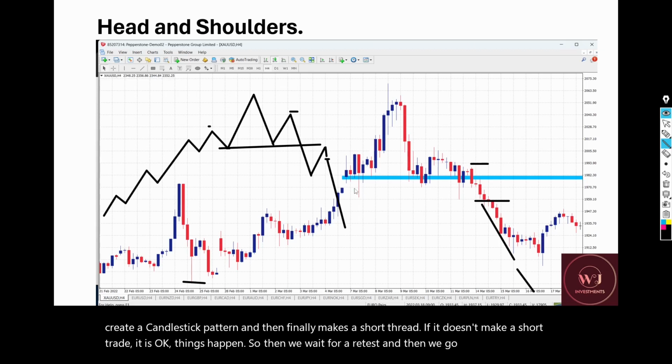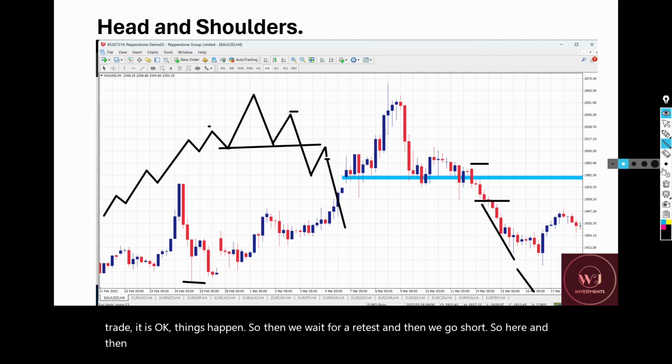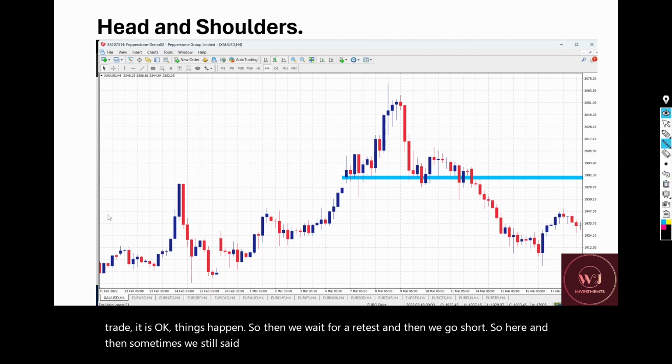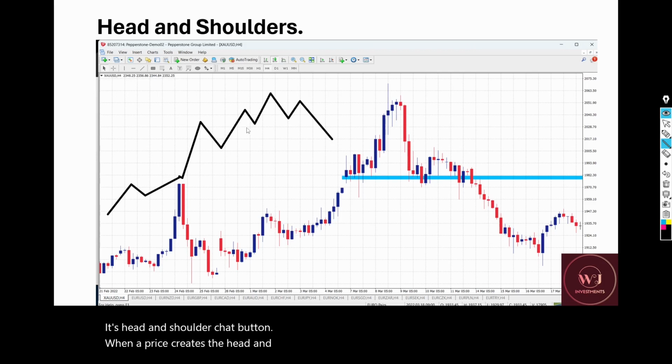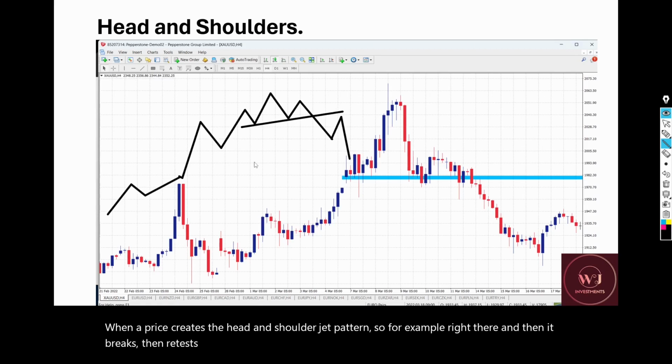And then sometimes we still say that when the price creates the head and shoulder chart pattern, so for example right there, and then it breaks, then retests, it will come and meet our first level of support.